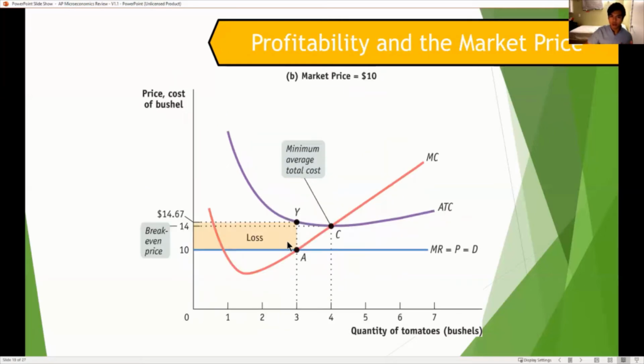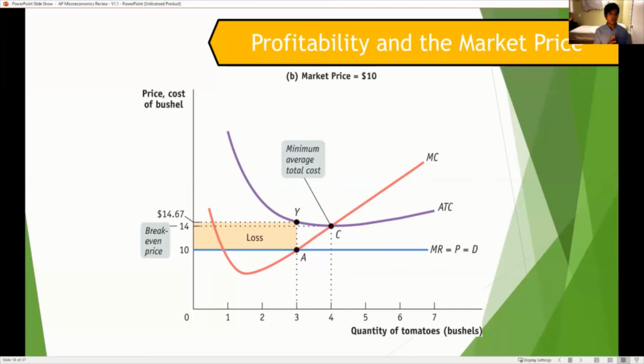What about if we have a loss in the short run? Well, you're inclined to think, okay, shut down now. Well, wrong. It really depends on where the market price is in relation to the minimum average variable cost curve. If it is greater or equal to the minimum average variable cost, then firms are going to produce in the short run and exit in the long run so that they can pay off some of their fixed costs.